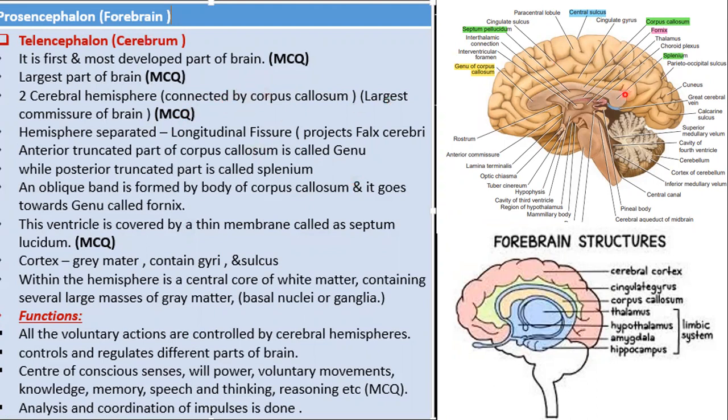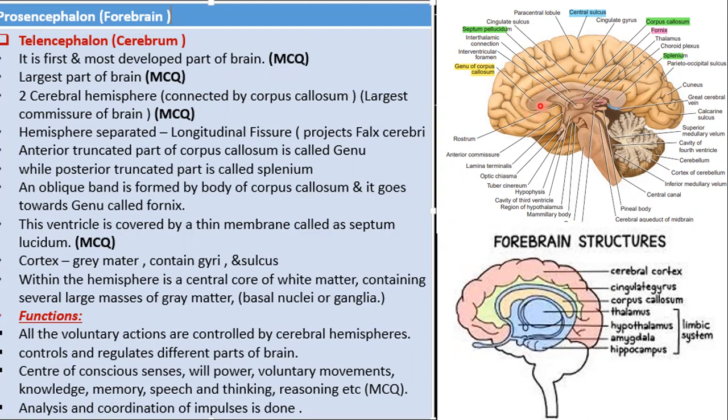If we have two hemispheres, then the hemispheres are separated by the longitudinal fissure, or it is also known as the medial fissure, which projects the falx cerebri. The anterior part of the corpus callosum is called the genu. Here you see the genu of the corpus callosum. It is the anterior, somewhat truncated part of the corpus callosum.